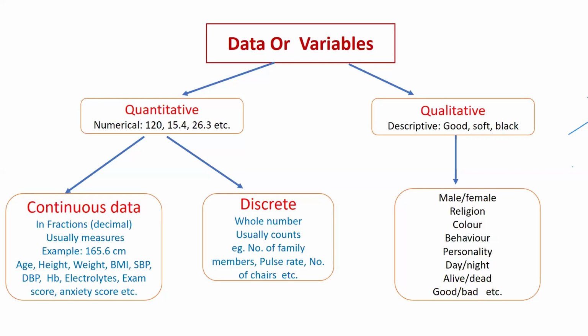It means numbers, numericals. Any number, 120, 15.4, 26.3, whatever. 120 means systolic BP, 15.4 means a hemoglobin level, and 26.3 in the medical field is like a level of urea. So these are quantitative. Qualitative is also called categorical, for example good, bad, soft, hard, black, white. These are not numerical, just a description of something.